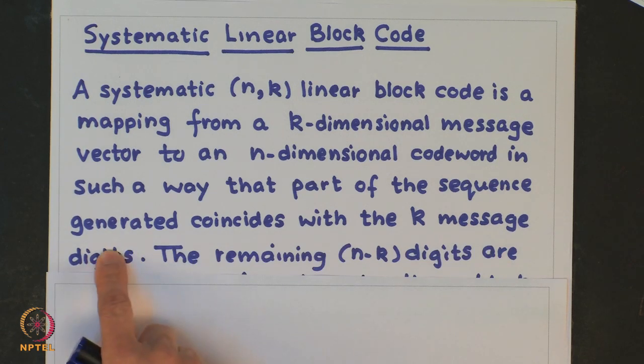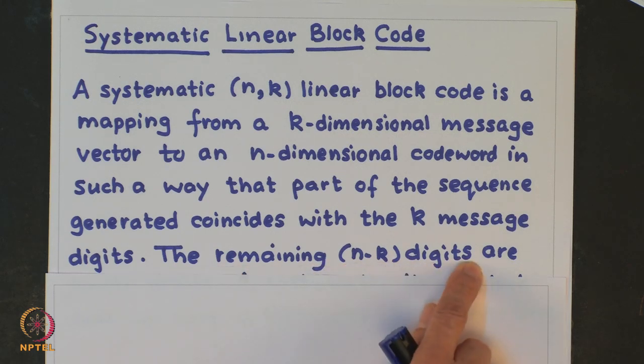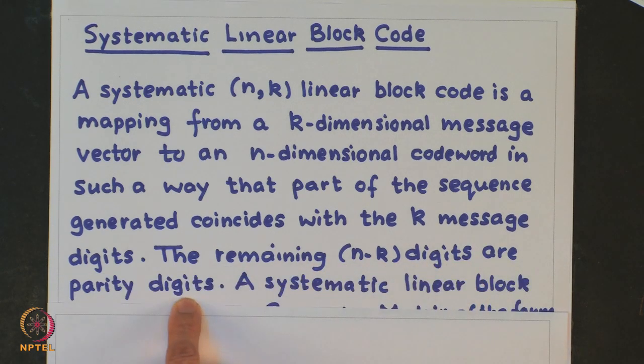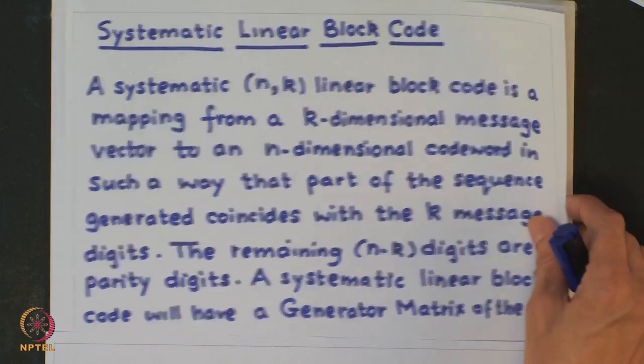In our case, k message bits, because we are talking about a binary code, and the remaining n minus k digits are parity digits. So, a systematic linear block code will have a generator matrix of the following form.